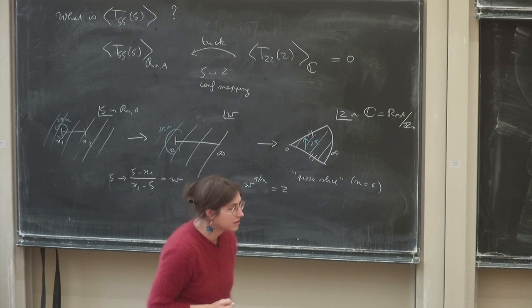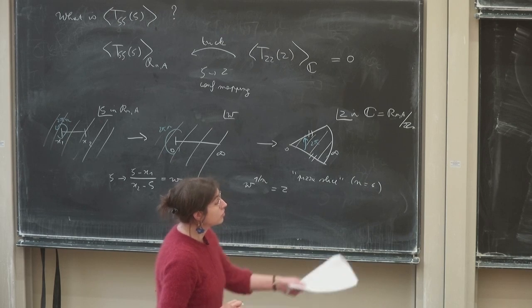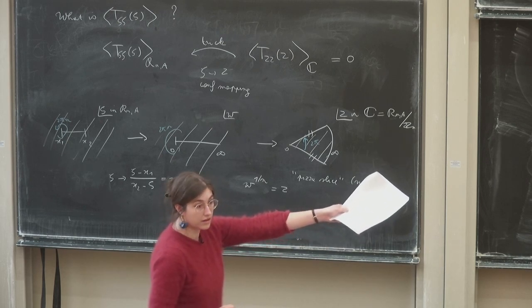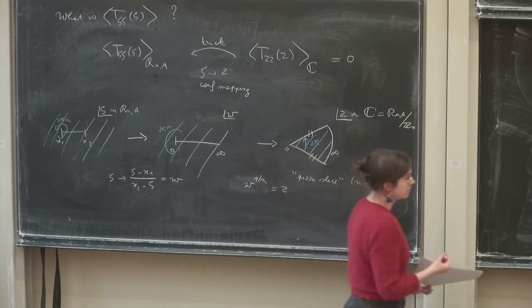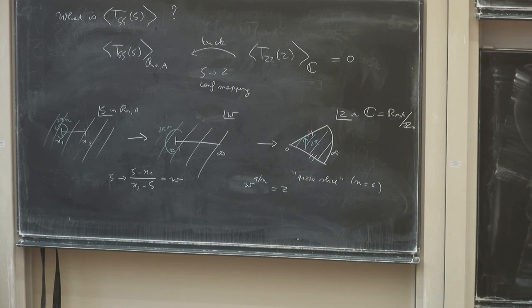Sorry, question? So yeah, so this zeta is just a complex number for just one of the sheets. No, zeta here is in R and A. Because the starting point is the theory on the replica manifold already.